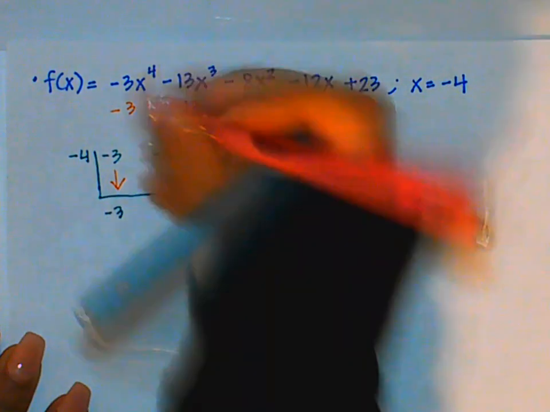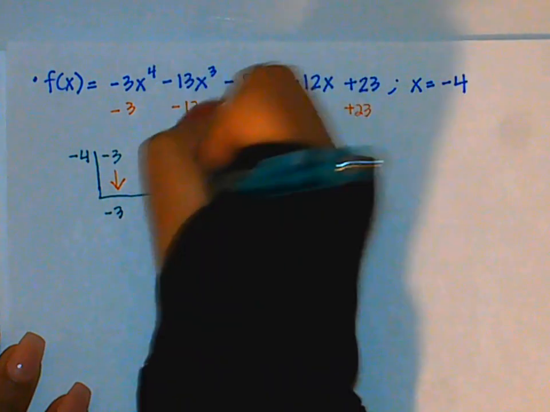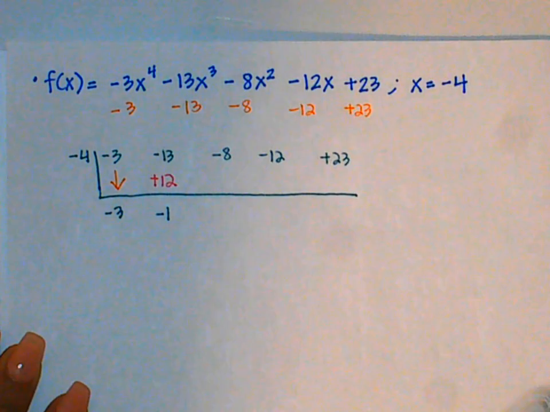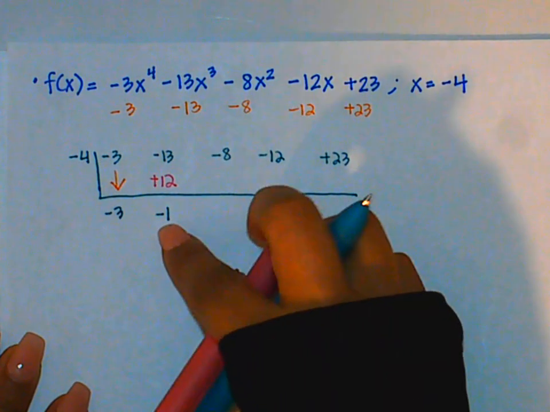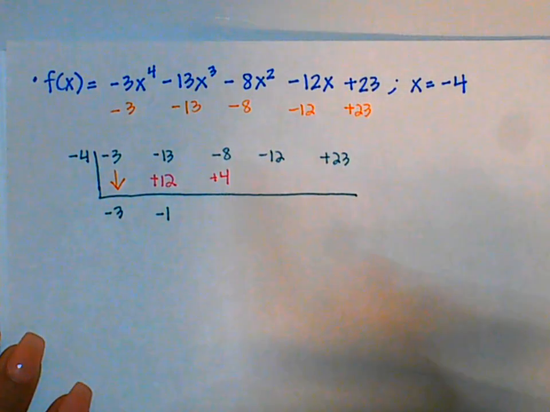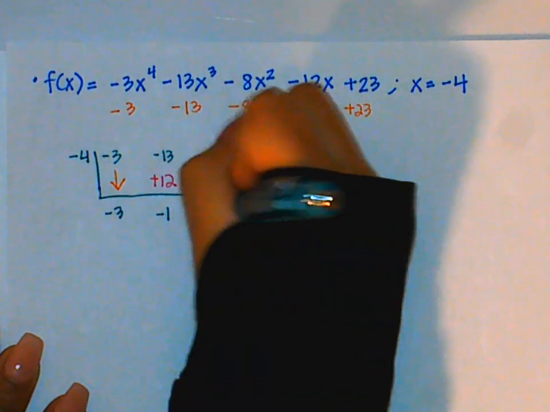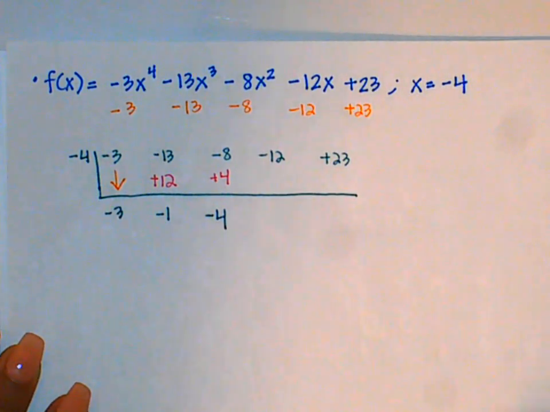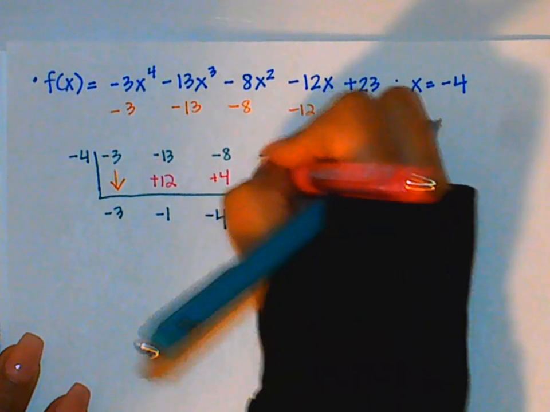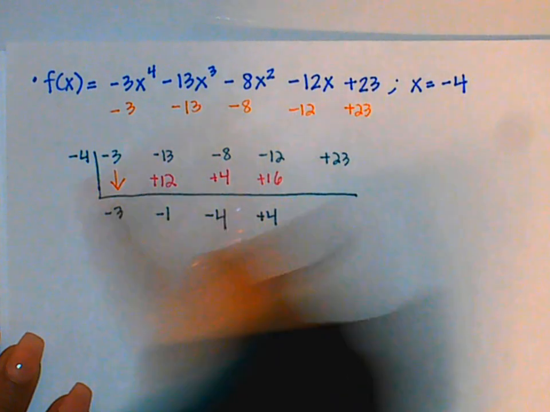-4 times -3 is a positive 12. I get -1. -4 times -1 is a positive 4. -8 plus 4 is a -4. Multiply that out, I get a positive 16, which gives me a positive 4.